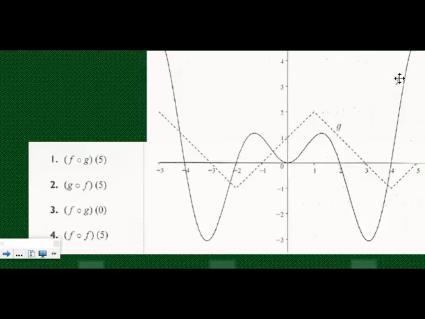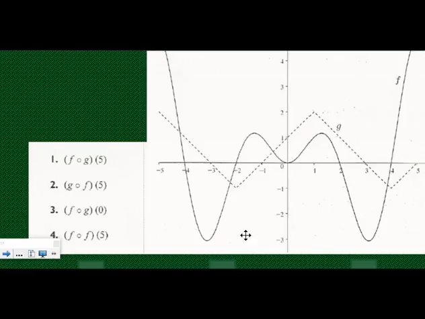Okay. Knowing that, can you find a value for f composed with g of 5? Well, if you remember what composition means, what you're looking for first is g of 5.